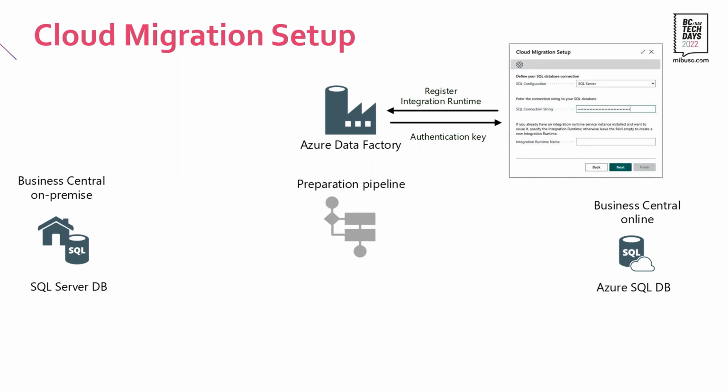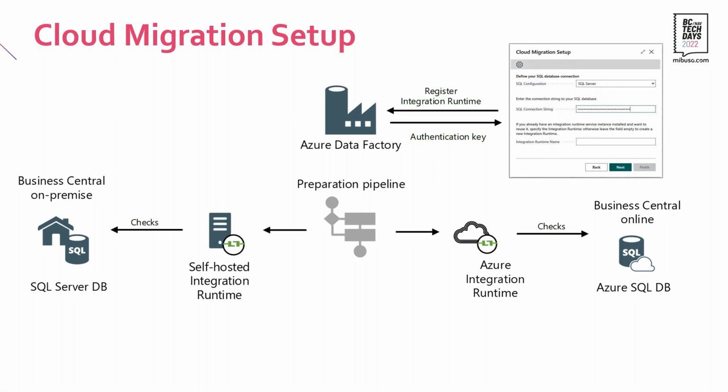Once that is done, we create a preparation pipeline. And this preparation pipeline does a couple of checks. So checks the destination and the source. For example, looking at the compatibility level, looking at the version, do the versions match? And if the checks succeed, then we continue and create a bunch of stored procedures, again on both sides, on the source and on the destination.